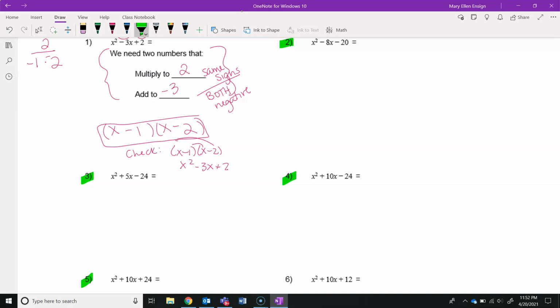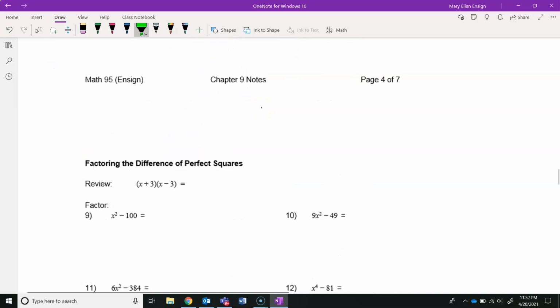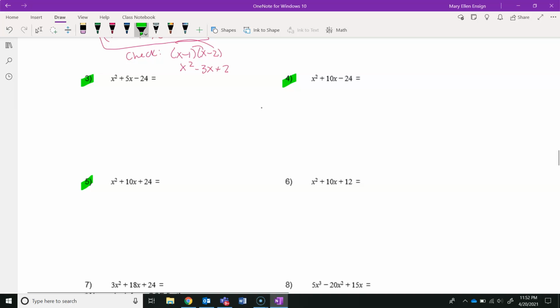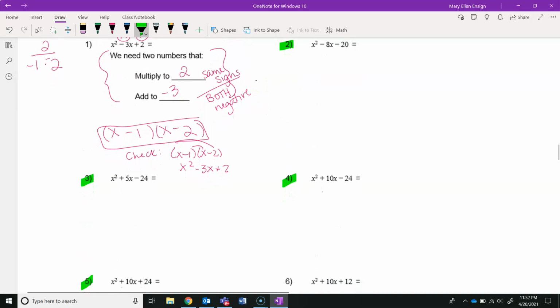When we get back, we'll go over those. And then some of the other ones, 6, 7, and 8, are a little bit more complicated. So I want to kind of go over those together. So let me stop this here. You can just pause the video so you can write those down if you don't have the notes in front of you. And then in the next video, we'll start by going over those. All right, thanks.